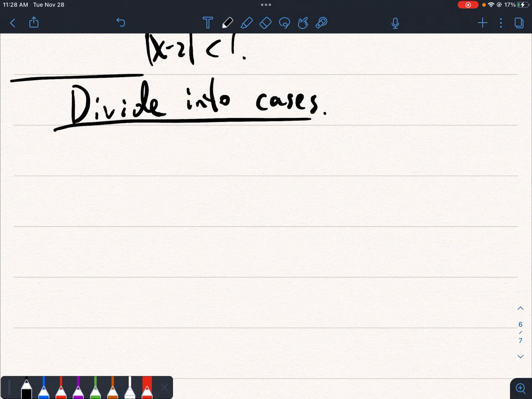So let's say you want to show something. So let's say you want to show P. And then what you can show is that if Q1 is true, then P is true.